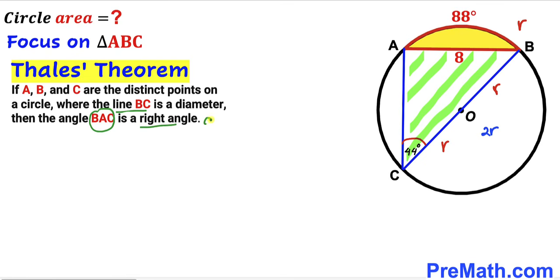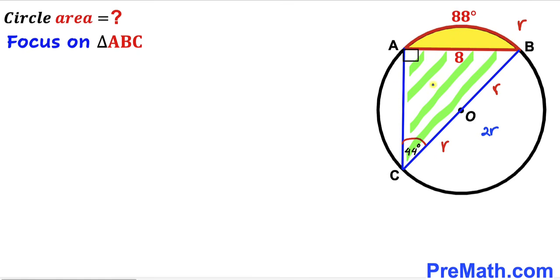In other words, this angle has got to be a 90 degree angle. So no wonder angle BAC is a 90 degree angle, since points A, B and C are 3 distinct points on the very same circle, and moreover BC is the diameter.